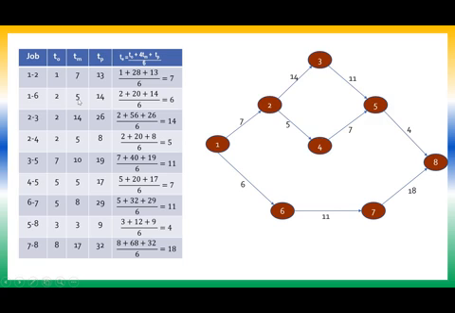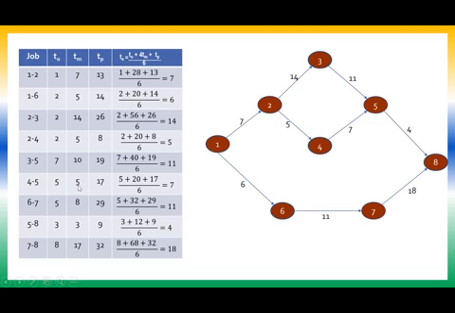So 2 plus 5 into 4, 20, plus 14, divided by 6, I get 6. 2 plus 4 into 14, which is 56, plus 26, divided by 6 is 14. Then 2 plus 5 fours are 20, plus 8, divided by 6 is 5. 7 plus 10 fours are 40, plus 19, divided by 6 is 11.